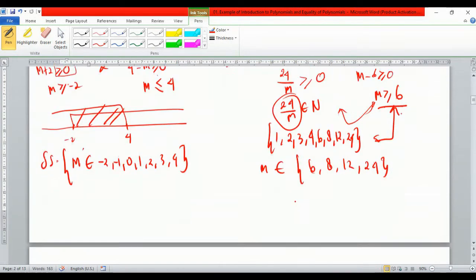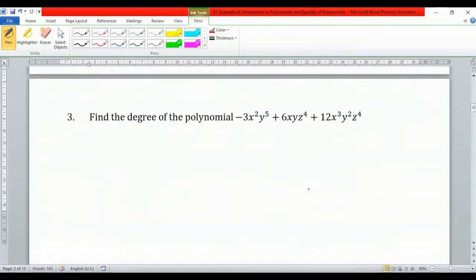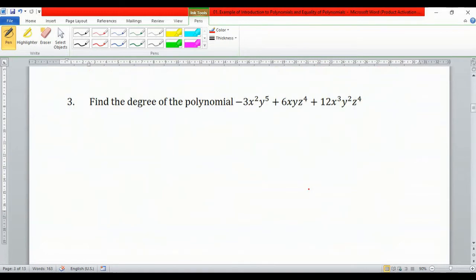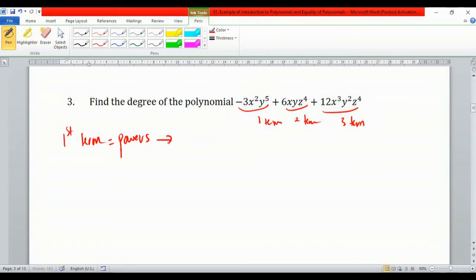So next, another example. Like I said before in the previous slide, you need to find the degree of the polynomial. Here we have three terms: the first term, the second term, and the third term. You need to find the highest, so first write the power of each term. The first term's power is 2 plus 5, which equals 7.